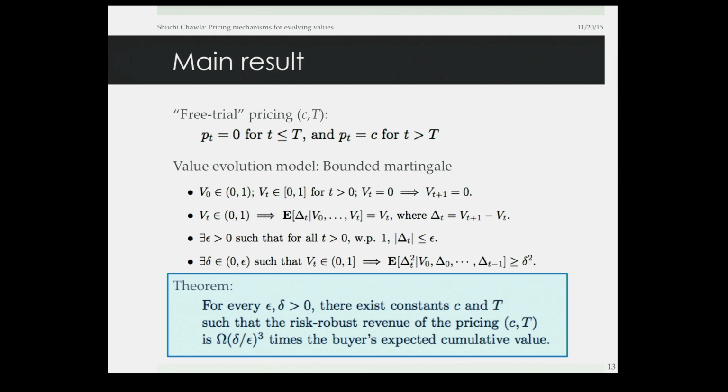And furthermore, the C and T here depend only on epsilon and delta, and it suffices to have estimates for these quantities. We don't need to know anything else about the martingale process at all. So in particular, the value evolution can depend on the entire history, and we don't need to know any details about that.